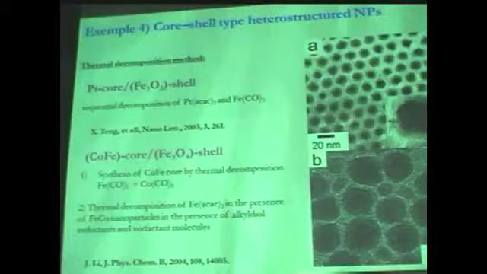The second example is the nanoparticles with a cobalt iron alloy core, you can see here, and an Fe3O4 shell. It's also the sequential decomposition of this mixture, and then the decomposition of acetylacetonate of iron in order to provide the shell of this bimetallic core.